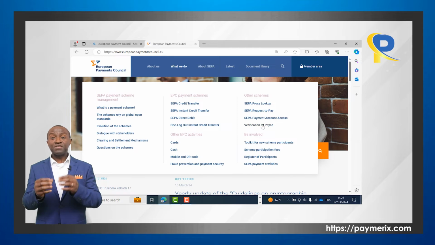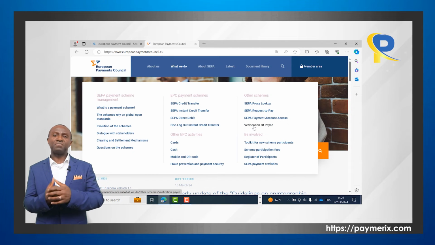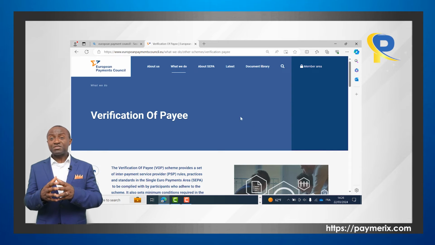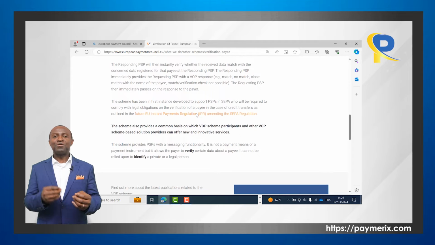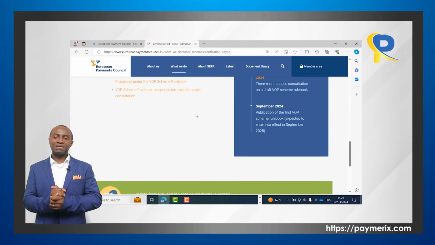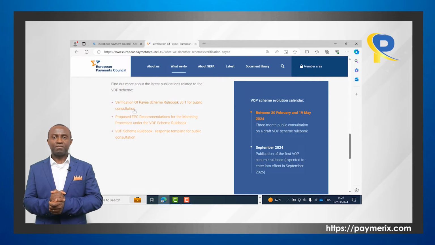The rulebooks of these 3 schemes can be downloaded from the EPC websites. The last one, the Verification of Payee scheme, is being developed, and the rulebook will become available in September this year. Let's take a closer look at the Verification of Payee or Verification of Beneficiary scheme.